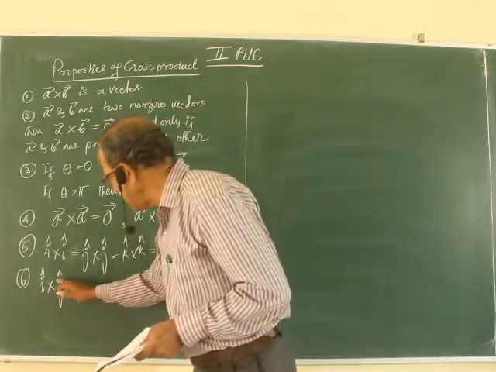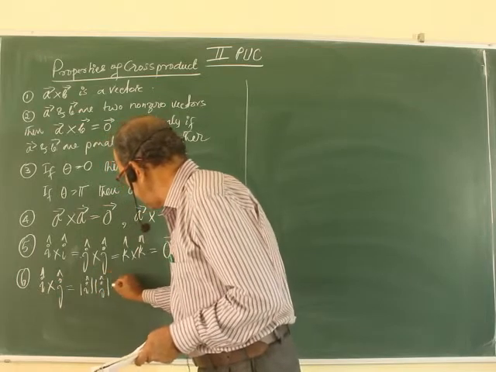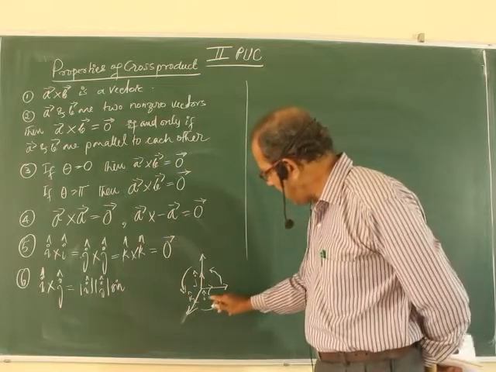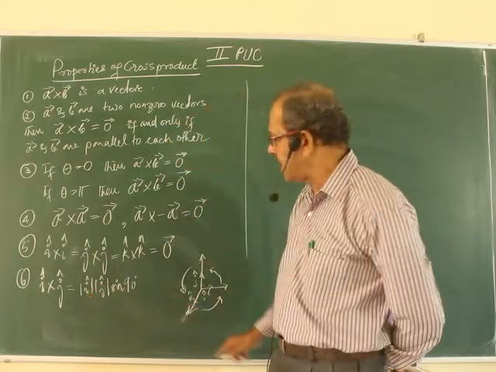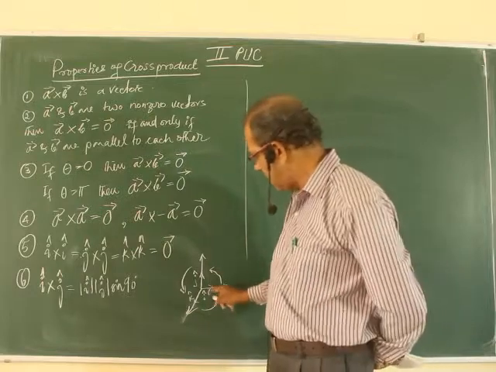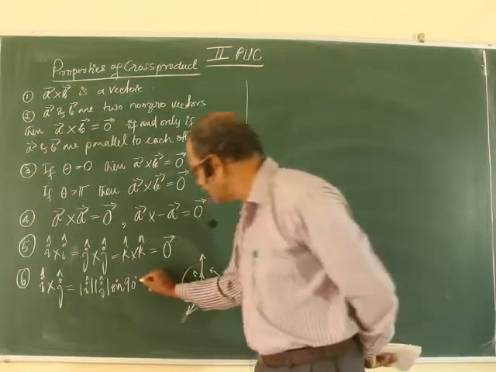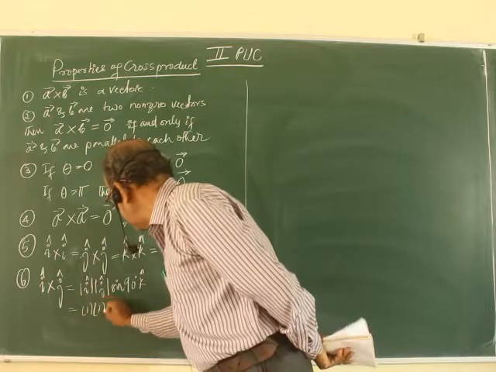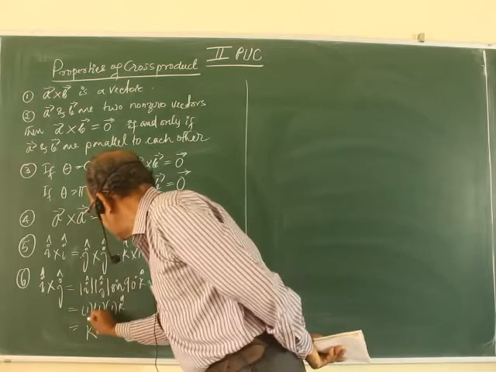Now, I cross J is mod I mod J sine of the angle between I and J, 90 degree, into a unit vector perpendicular to both I and J. The perpendicular vector is this, it is K. So total it is 1 into sine 90 into K, or it is just K.